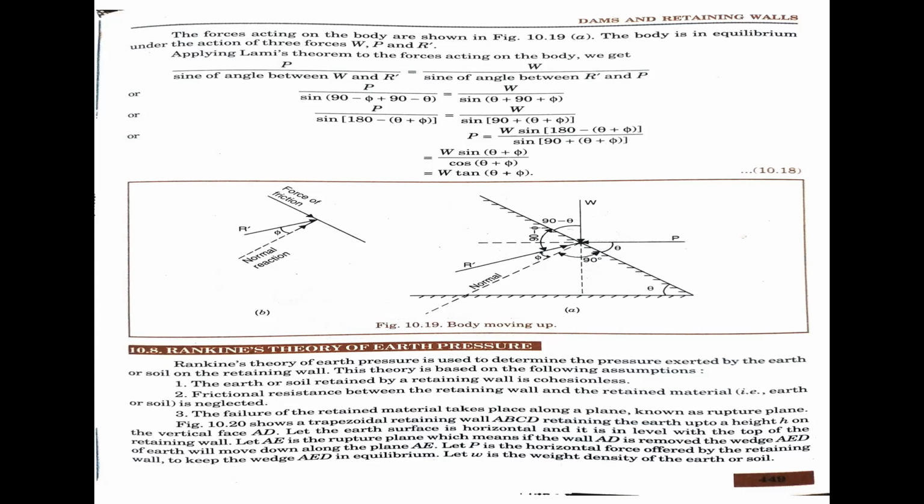Second assumption: frictional resistance between the retaining wall and the retained material, that means the soil or earth, is neglected. That is the second assumption for Rankine's theory. Both frictional resistances are neglected.